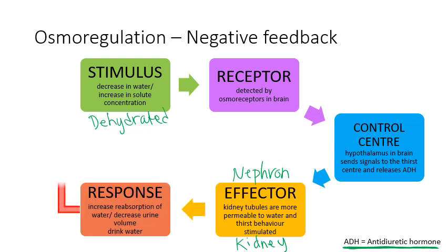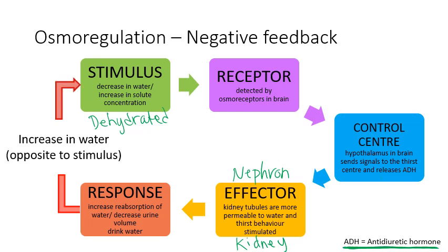And that leads to the response of an increased reabsorption of water back into your blood. So your blood is reabsorbing more water from your kidneys than it's releasing, which in turn also leads to having less urine being produced.